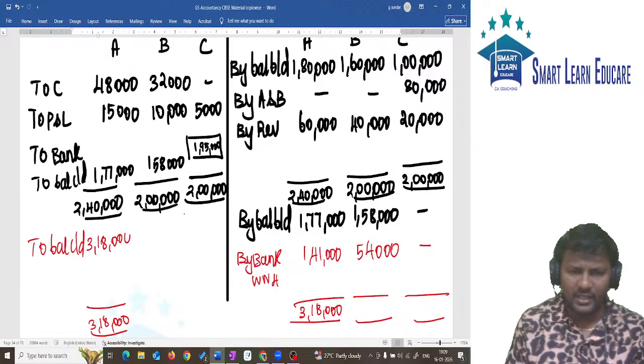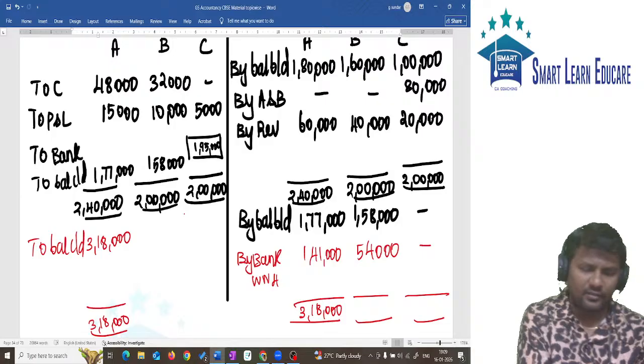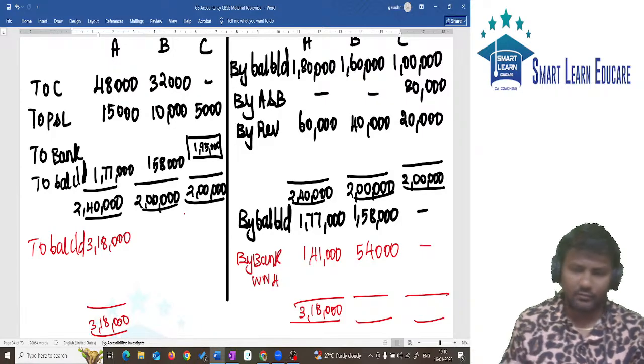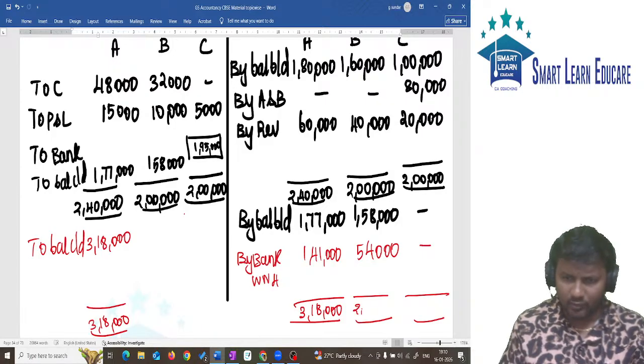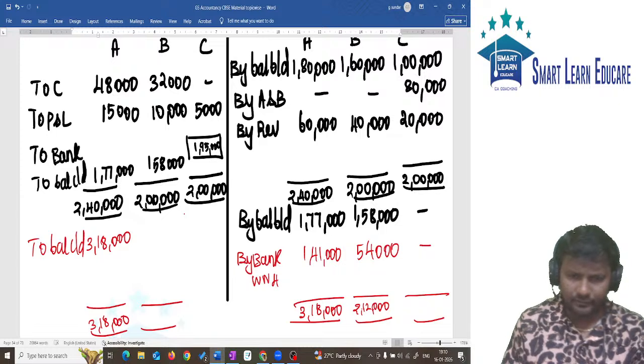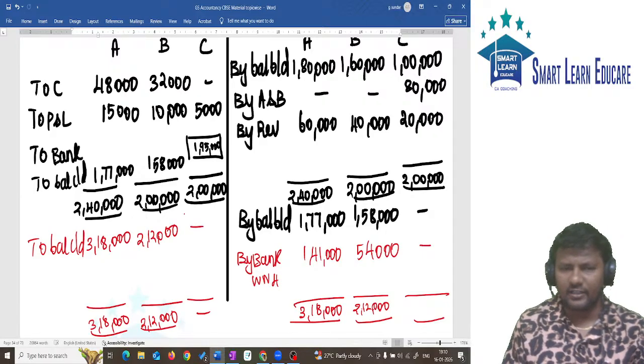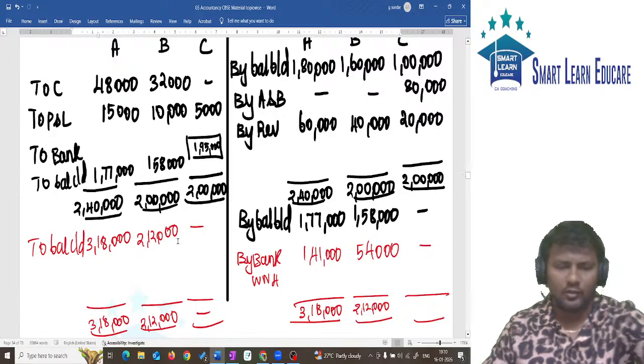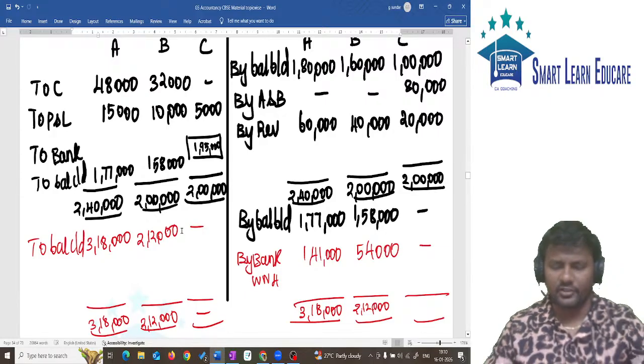For B, 158 plus 54,000 will give you 2,12,000. Partner C retired, so there is nothing for him. So that's all. This is the answer for this question.